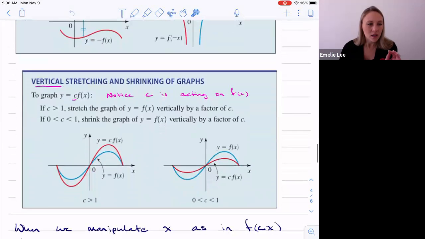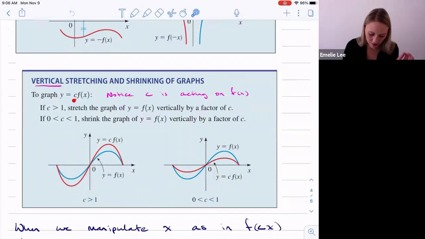If you have c times f of x, notice that it's important that we know... oh, hey, what happened here? Your screen sharing... It's telling me my screen sharing ended unexpectedly. Okay.